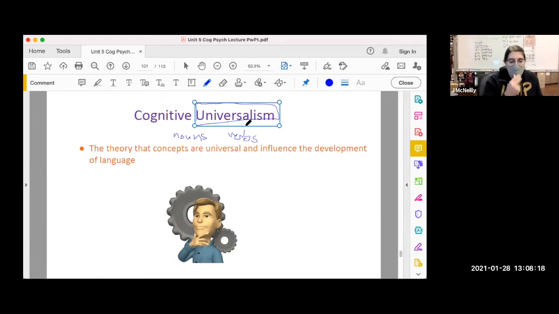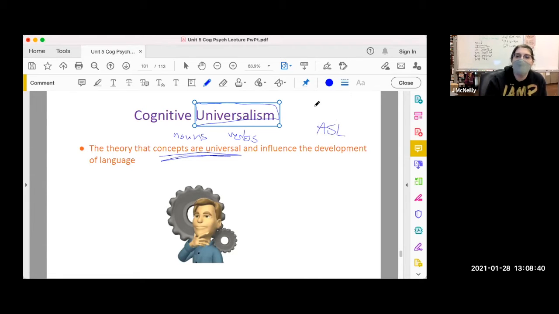Okay, whether it's Spanish, English, sign language, they have nouns and they have verbs. And so some of those concepts are going to be the same no matter what language you're speaking or writing or reading or signing. And remember that language isn't just spoken, it's also what you can sign like ASL.